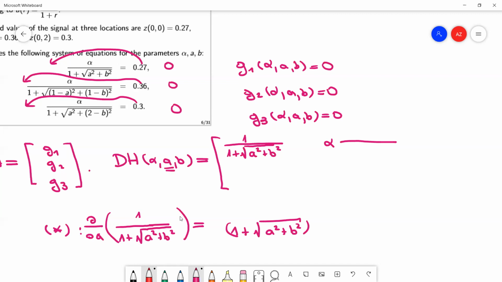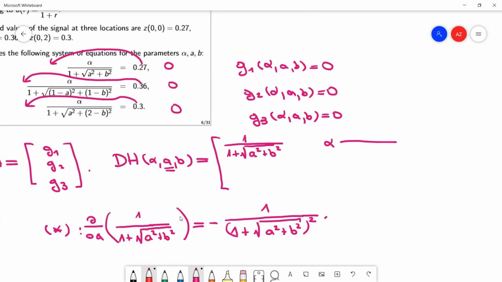So we first take the derivative of the outer function. We get minus 1 over this function squared. And then we have to take the derivative of what's in the denominator.